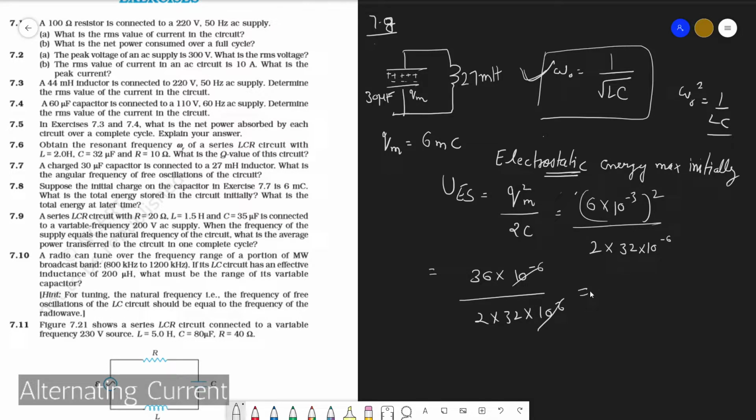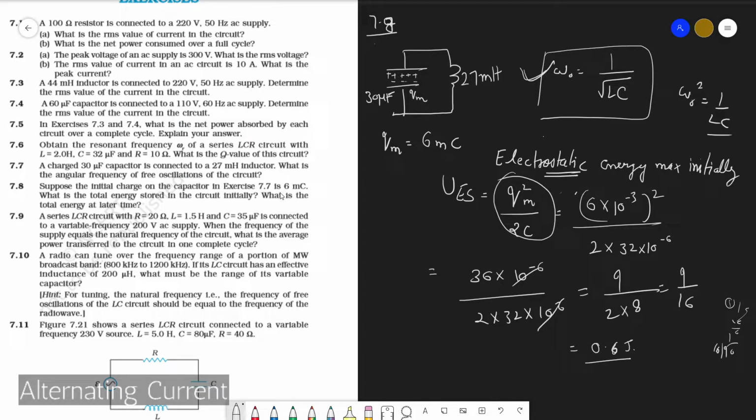The powers of ten cancel out, so this is 9 by 16, and if you calculate this, it is approximately 0.6 joule. So the point is how you find the electrostatic energy.